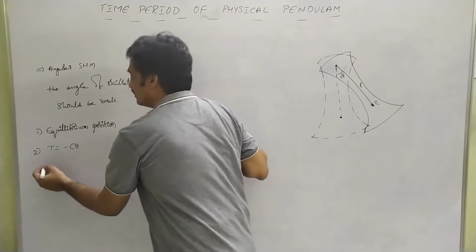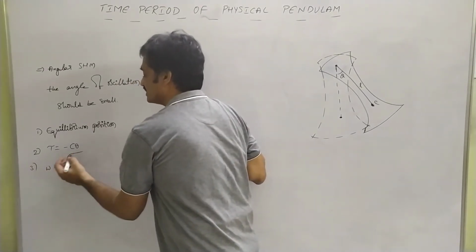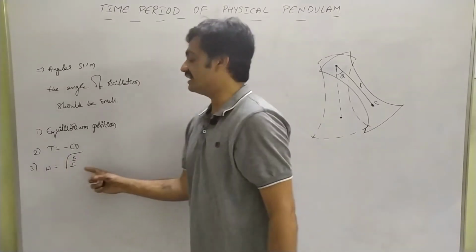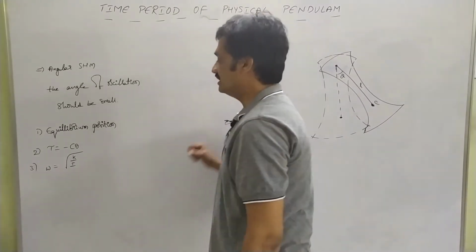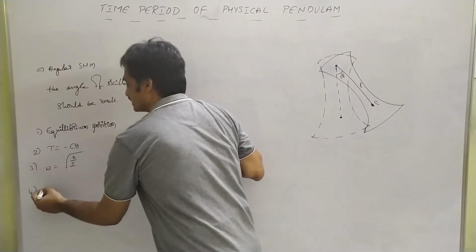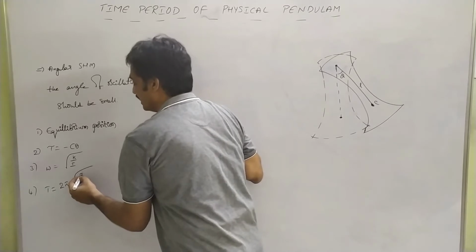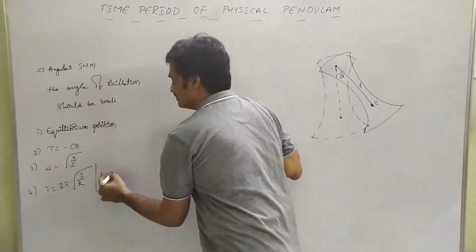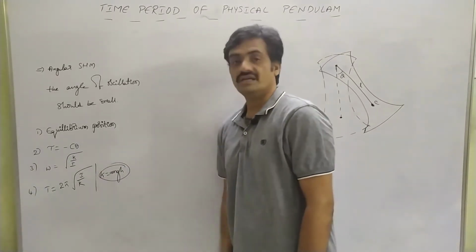Based on this we have to represent the expression for omega, where we know that omega equals root of K by I, where I is the moment of inertia and K is the force constant. Based on that we have to represent the expression for time period, and we know that T equals 2 pi under root of I by K, where K equals mgh.